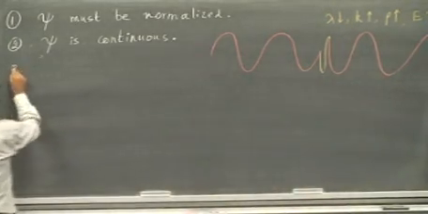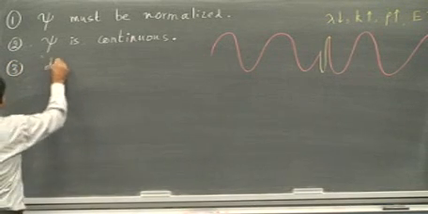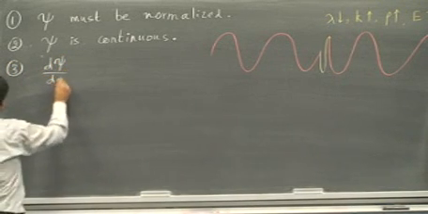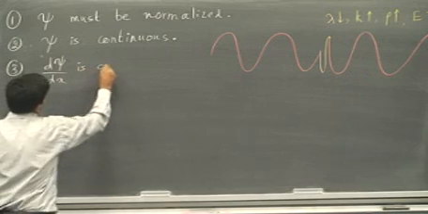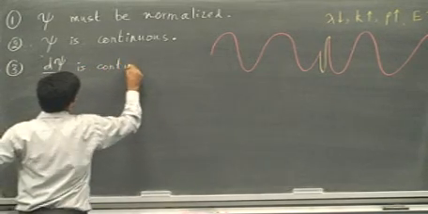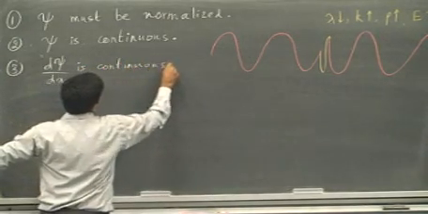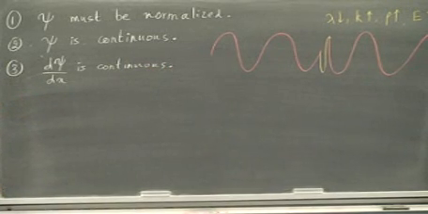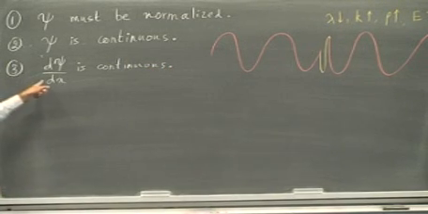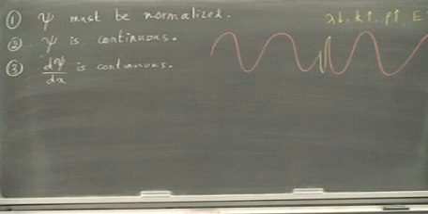The third requirement is that the first derivative of the wave function is continuous. Because if the first derivative of the wave function is not continuous, the second derivative of the wave function goes to infinity, and then you have an unrealizable, an unphysical situation.